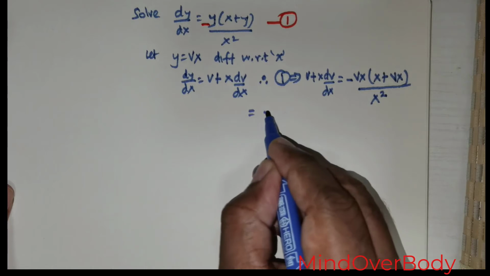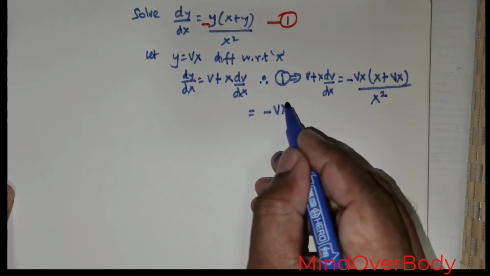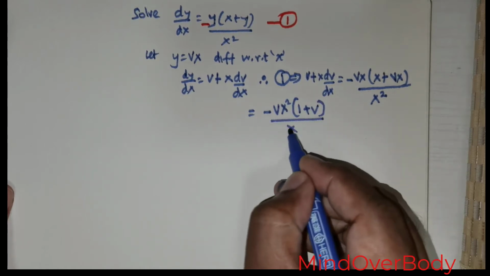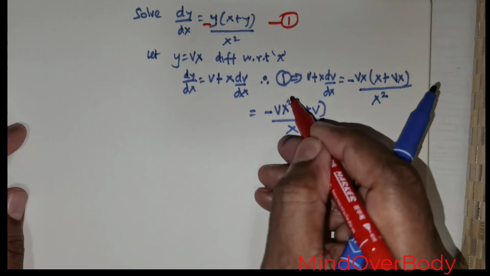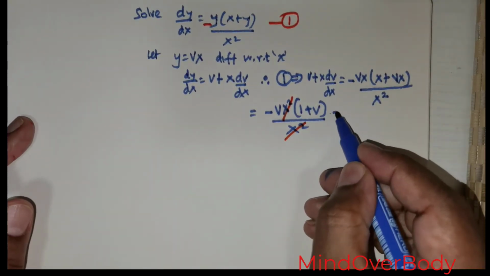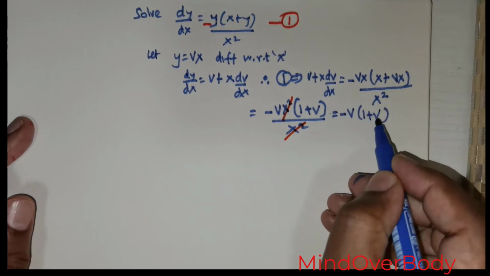Now this is equal to, I can take an x out from here, so I would get negative of v times x squared of (1 + v) divided by x squared. So clearly I can cancel the x squared, and that gives me negative of v times (1 + v).